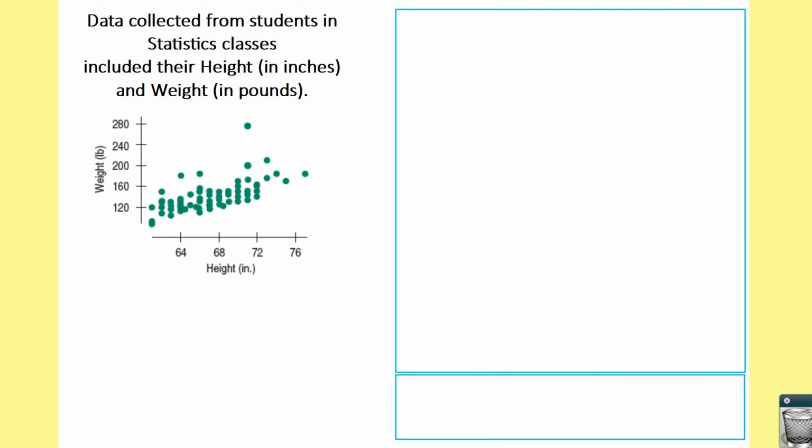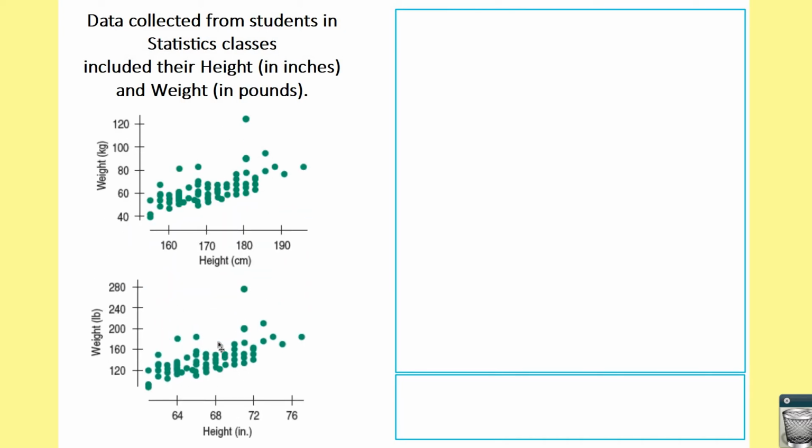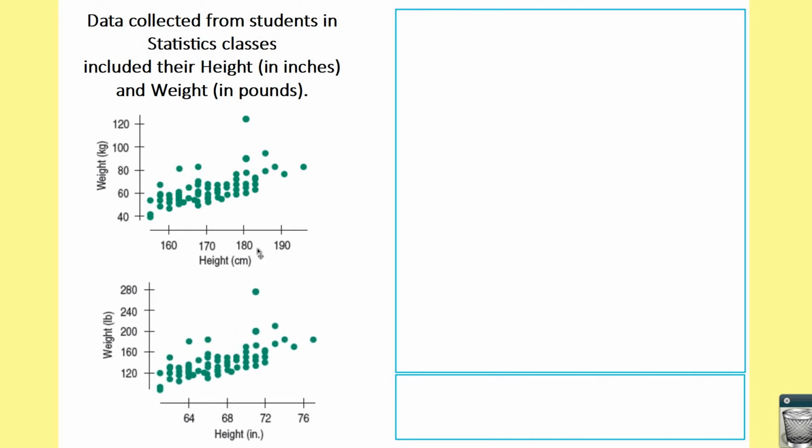Well, the first thing we can think about is, does it matter if I measure it in pounds and inches, or if I change that? Do you think my relationship, my scatter plot, would be different? Hopefully you said no. It doesn't matter if I switched to kilograms and centimeters, I still am going to have the same kind of relationship, the same kind of scatter plot.